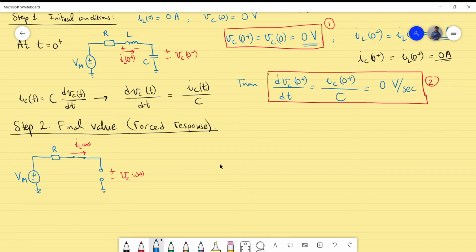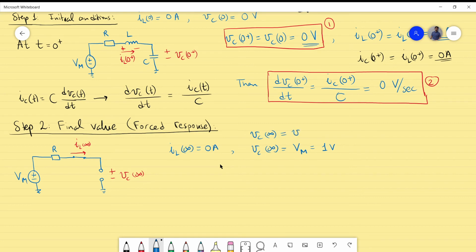If you see clearly, the IL at infinity will be 0 because there's no current flowing, there's an open circuit, but the capacitor voltage final value will be Vm, and that is equal to 1 volt. I already said the final value will give us the forced response.